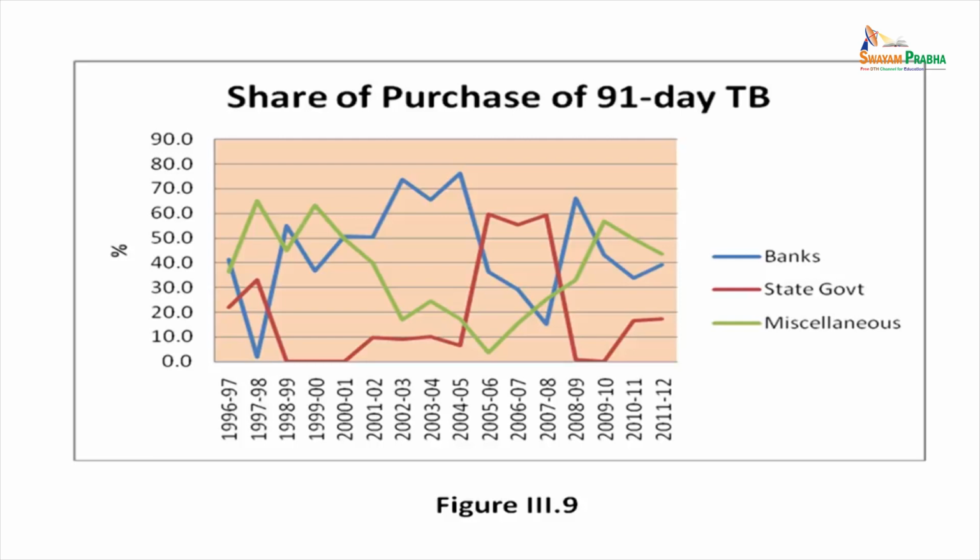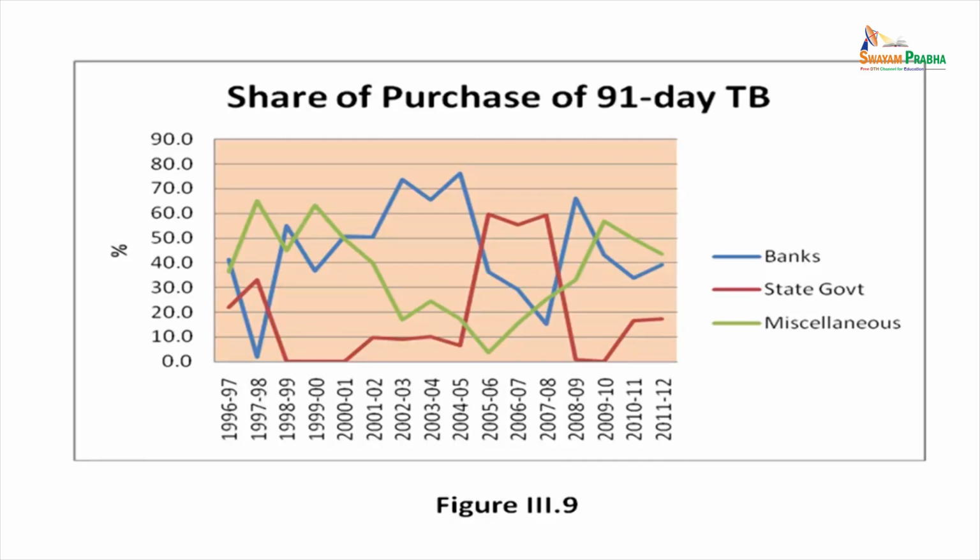One thing is very interesting, the bank line dipped a lot. When did the bank line dip? The bank line started dipping in terms of percentage buying of treasury bills, which is very significant, because this is the captive market, I will explain that, of the government treasury bills. Why is it a captive market? Banks have some obligations like SLR, which is coming up in the next topic.